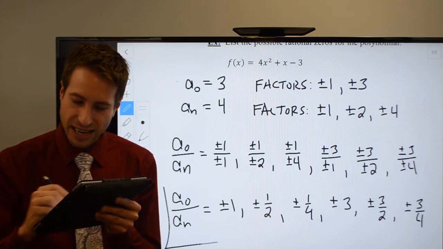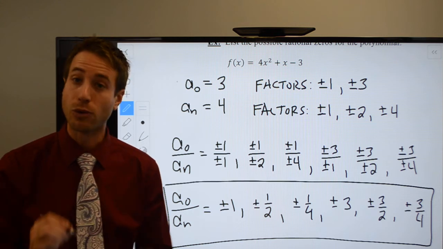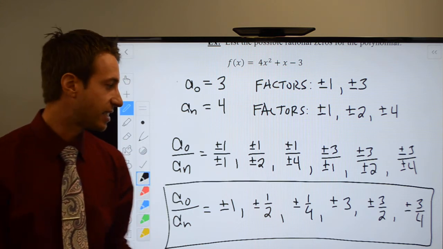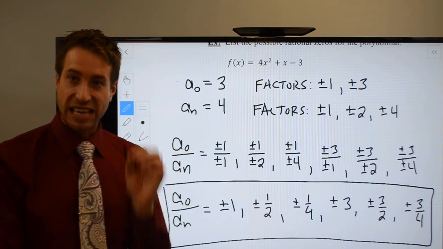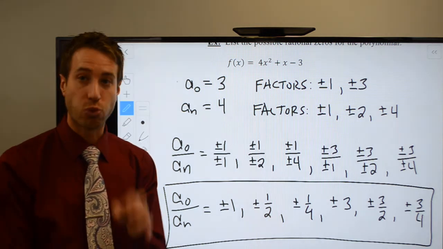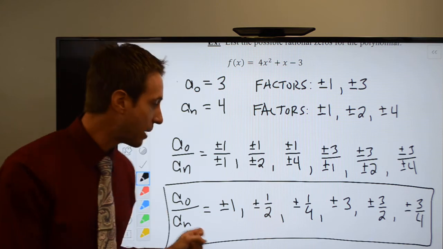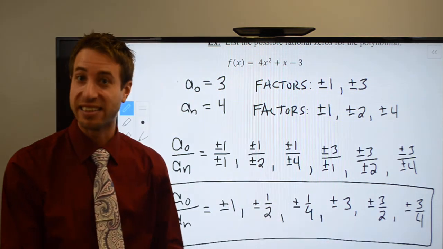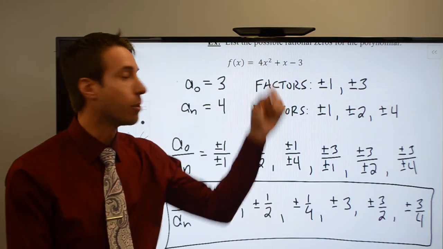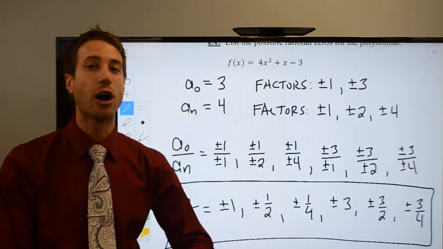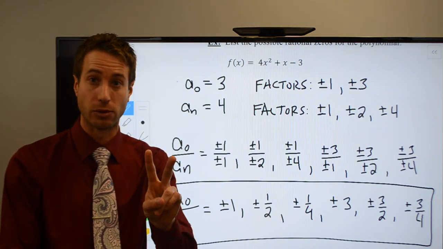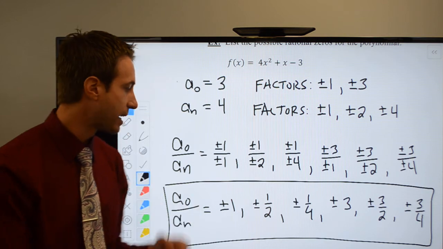There you go, guys. That is the rational zeros theorem, and here's what it says. If my polynomial has a rational zero, that zero is somewhere in this list. Now, I know my polynomial is a second degree, which means I only have 2 zeros. Look at how many numbers I have in this list.